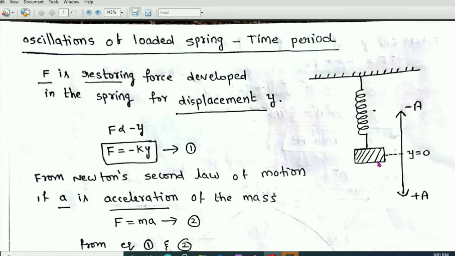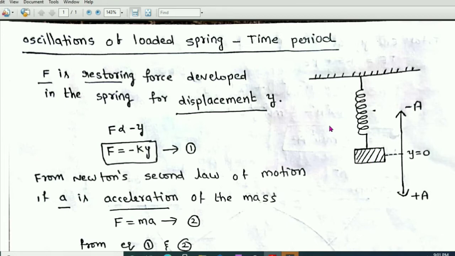When the block is pulled down and released, the block oscillates about its mean position. When it is pulled down, a restoring force is developed in the spring. When it is released, the restoring force comes into play and tries to move the block towards the mean position.